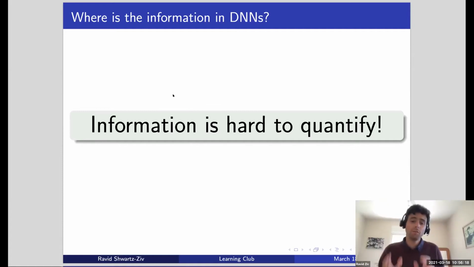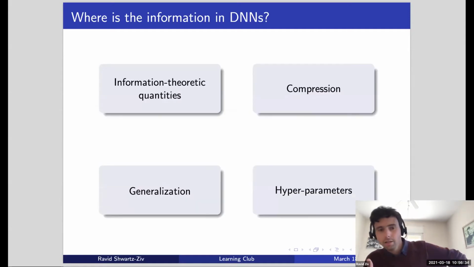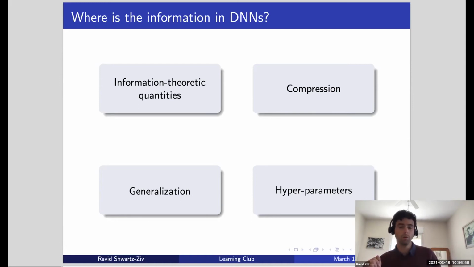The problem is that information is hard. It's hard to measure in neural networks. It's hard to quantify in neural networks. And as we saw, there are many different results. So, as I said, we want to look at the relationship between different information theoretic quantities, and compression and generalization, and how the hyperparameters affect these quantities.